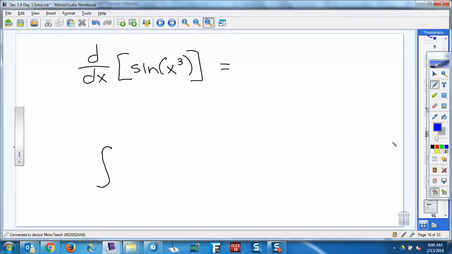What about a function inside of a function? Okay, now, I'm asking you about the derivative here. What's the derivative of sine of x cubed? Cosine of x cubed times 3x squared, the derivative of the inside.